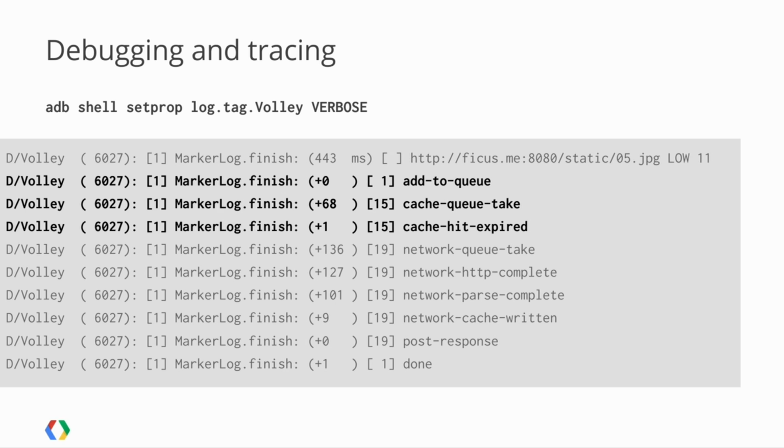Oh, and by the way, each line shows the incremental time that step took. On the main thread, the request is added to the queue. 68 milliseconds later, it arrives at the cache dispatcher, which means there was a little bit of contention for the cache triage thread there. The cache dispatcher figures out right away that it's a hit, but it's expired. And it forwards it along to the network dispatcher pool.